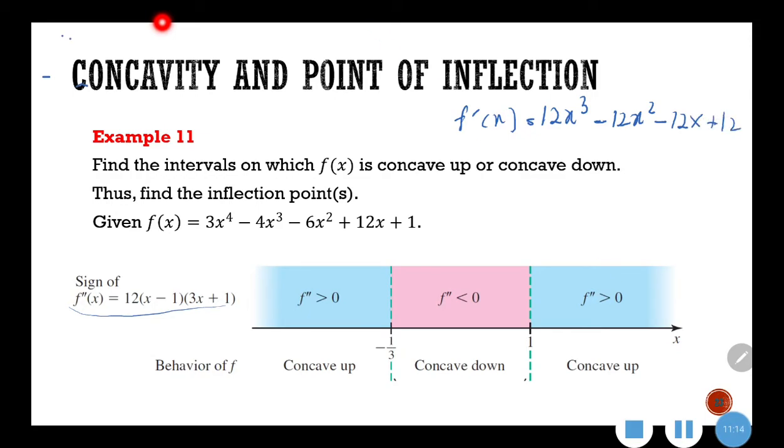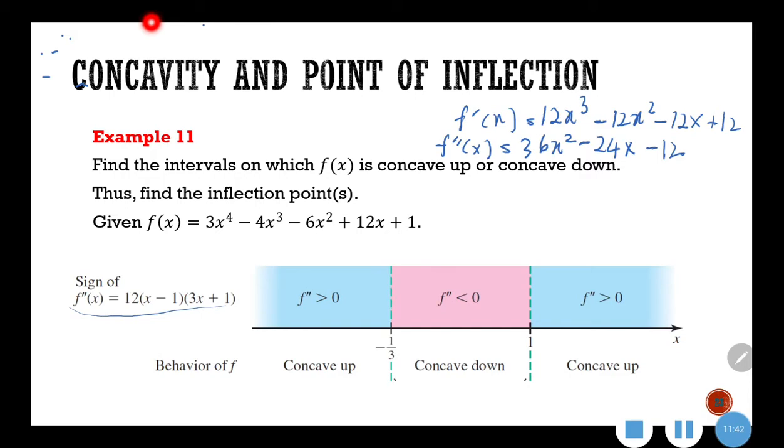Alright. And then sebab soalan ni dia terus tanya untuk concavity, dia tak tanya pun where the function increases or decreases, then you can straight away jump to f double prime x, because to determine the concavity we use the second derivative. So then here we have 36x squared minus 24x minus 12.